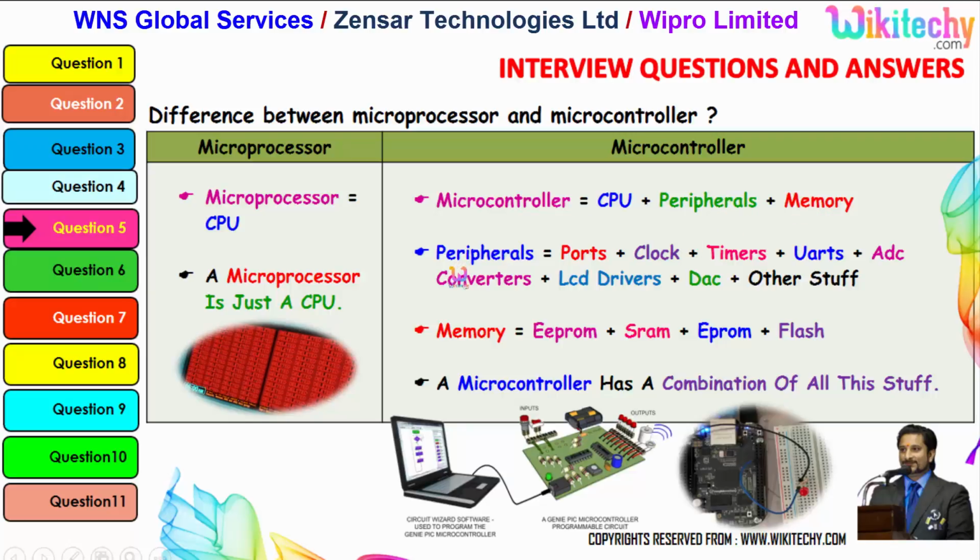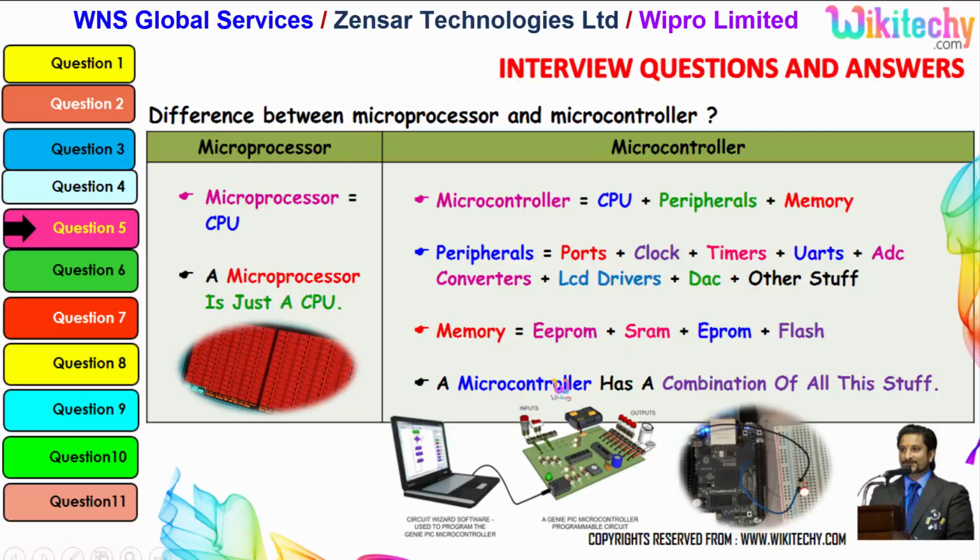The peripherals will have ports, clock, timers, UARTs, analog to digital converters, LCD drivers, digital to analog converters and many other things. Apart from that, the memory includes EEPROM, SRAM and flash memory.